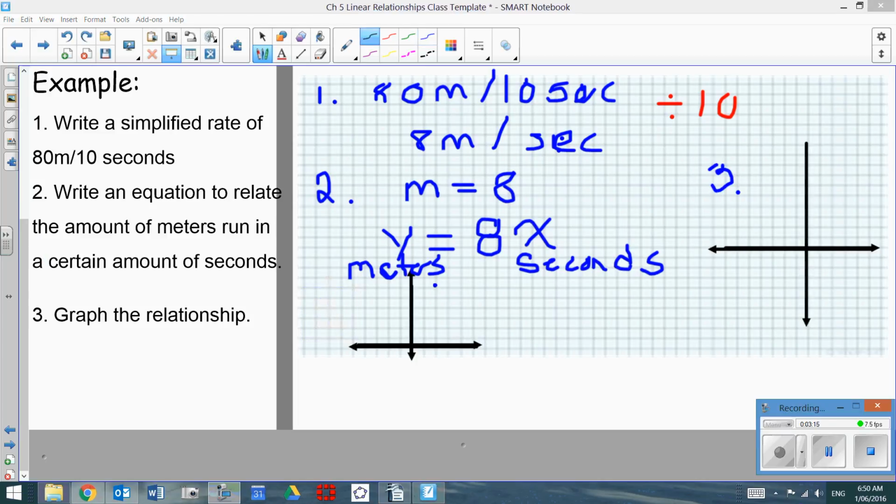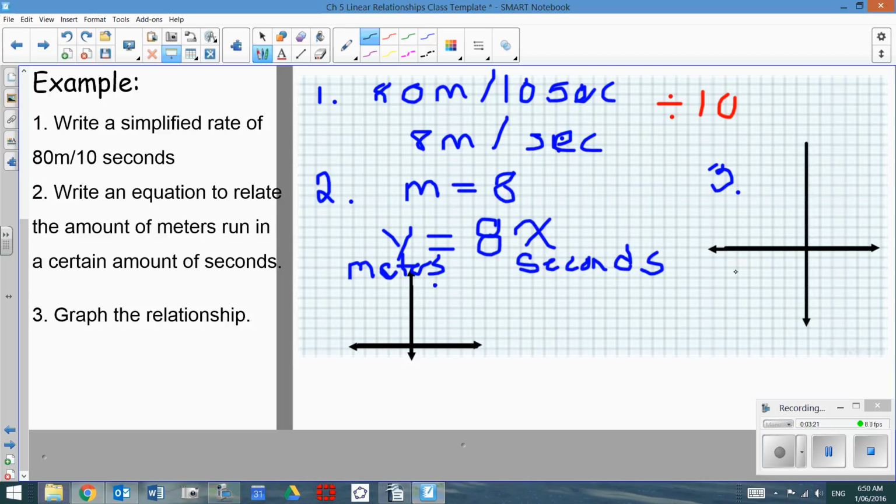Alright, so I moved over here since we have a little more space. What we're looking at is that my x-axis is representing the number of seconds. So let's say 1 second passes, then 2 seconds pass, and so on. And my y-axis represents the number of meters.